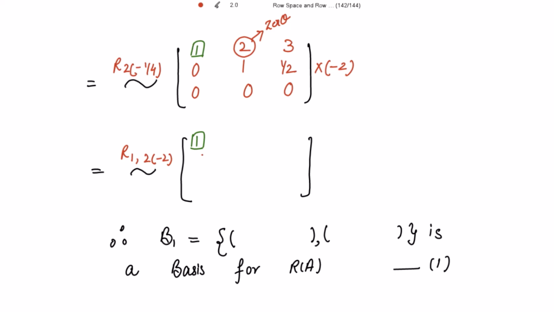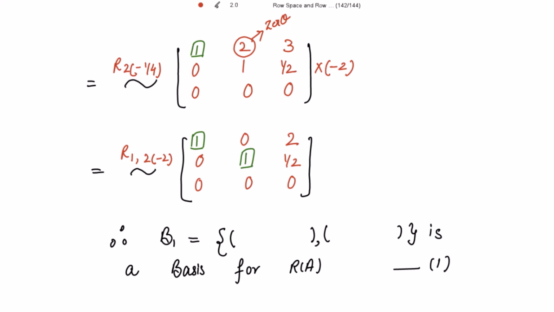Just for your understanding, I am marking the leading element with a green colored pen. 1 multiplied with minus 2, we get minus 2 and adding this to 2, we get 0. 1 by 2 multiplied with minus 2, we get minus 1 and adding this to 3, we get 2. Writing the second row as it is. Writing the third row as it is. So now we find this to be our leading element or leading entry. Right? So the matrix is now in row echelon form.